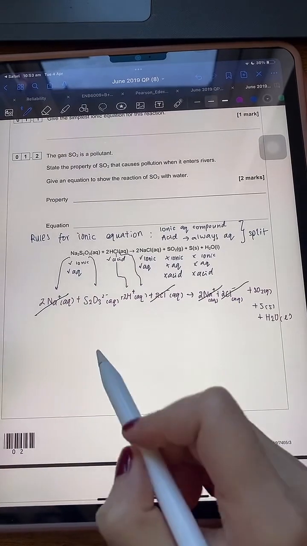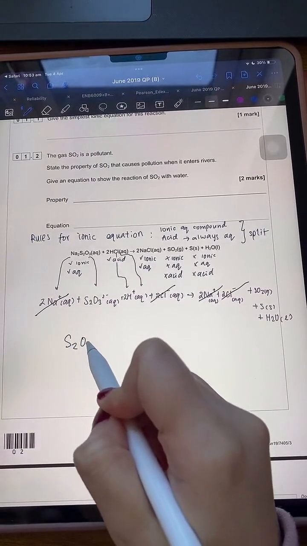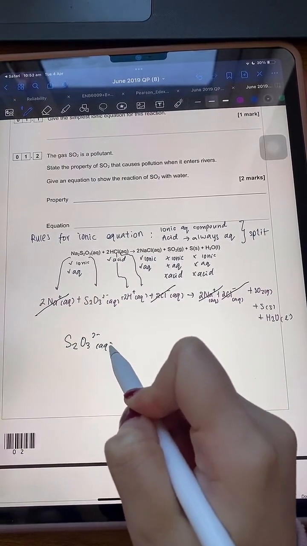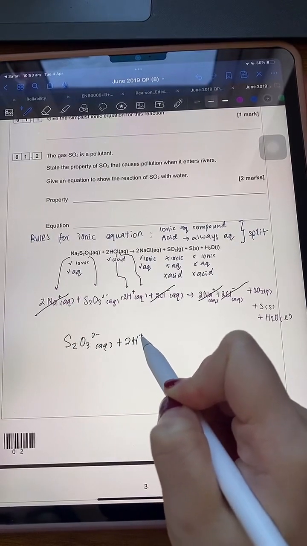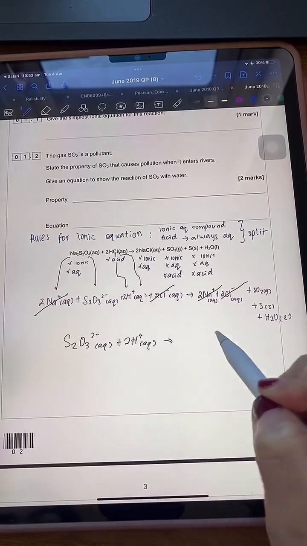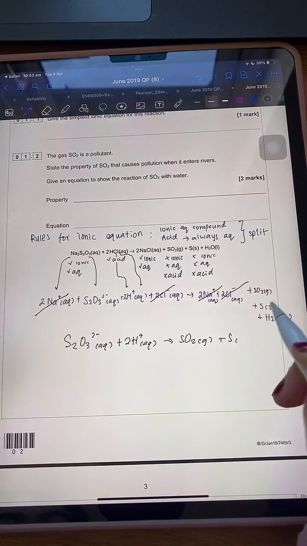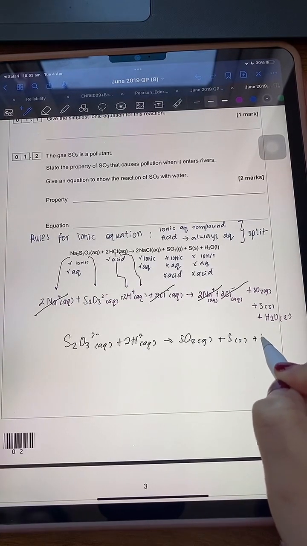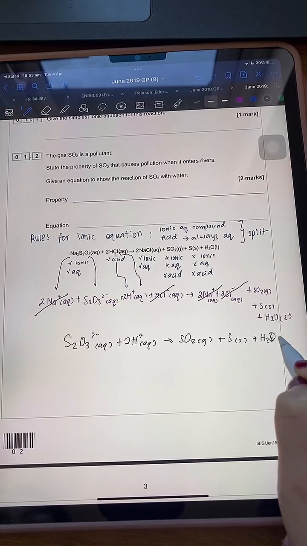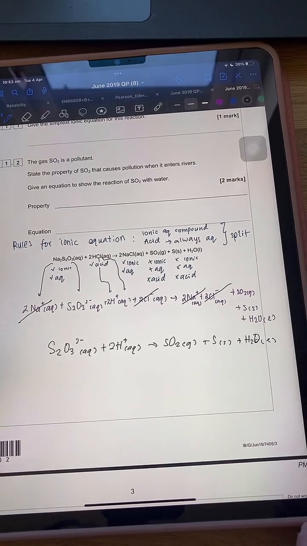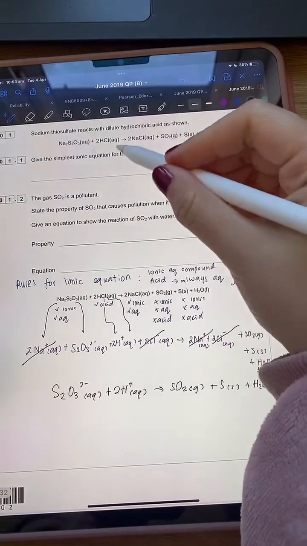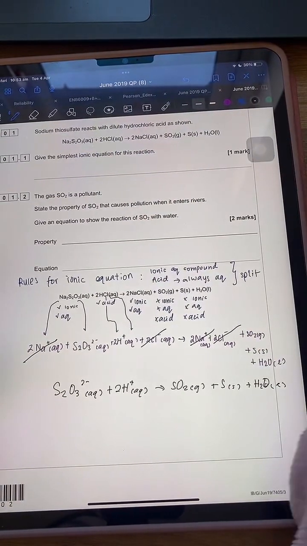So we're left with S2O3 2- aqueous plus 2H+ aqueous, giving you SO2 gas, sulfur solid, and water as a liquid. And there you go. That's your simplest ionic equation for that reaction.